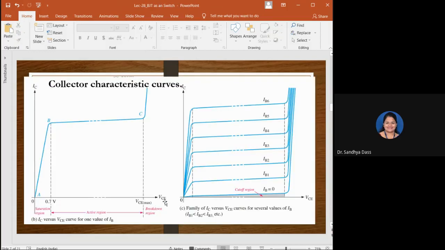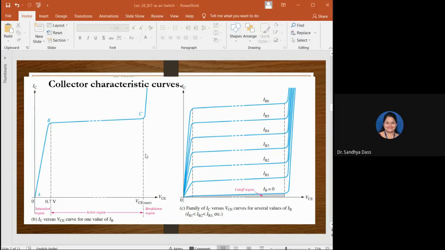So if VCE is varied, the collector current, which is your output current, the dependent parameter, also varies. So observe here, when the VCE is varied, initially, now recall the construction part. How will the junctions be there?